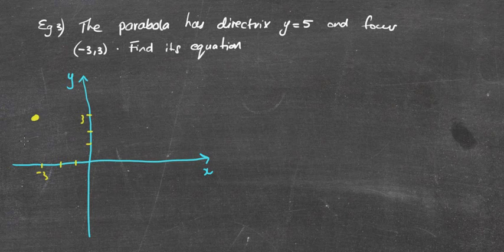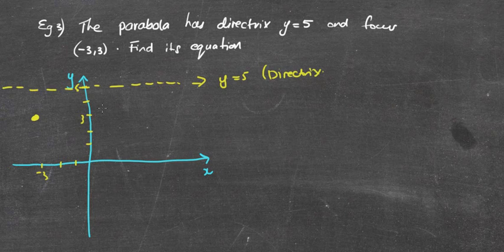The directrix is at y equals 5, so that's 4, 5. So it's going to go through here. That's my directrix. Okay, y equals 5, and I'll put in brackets directrix.